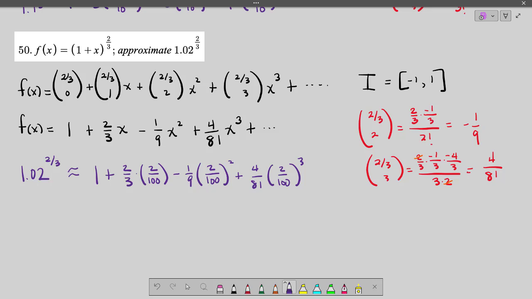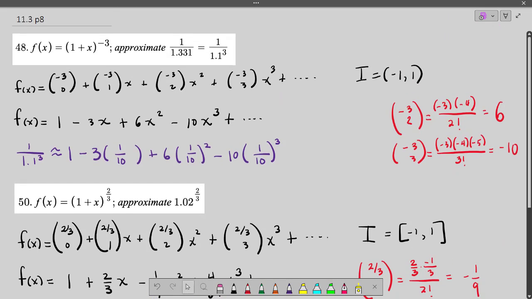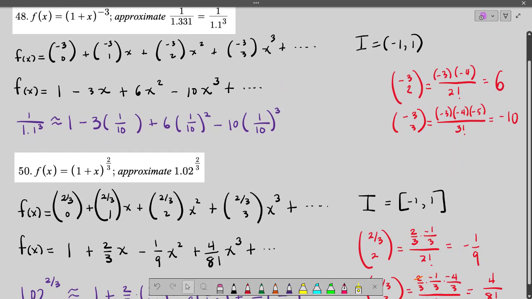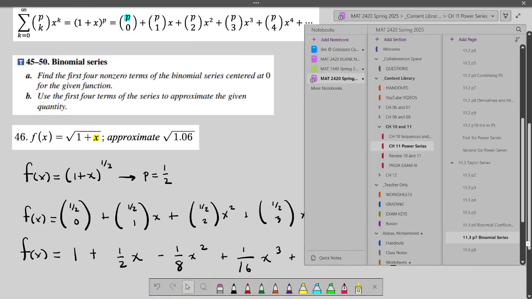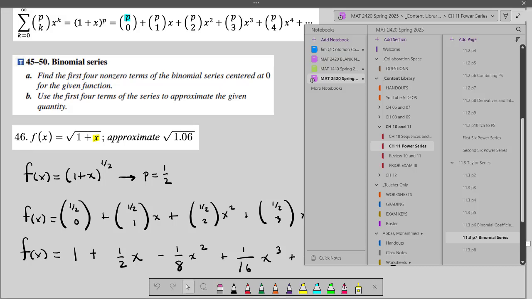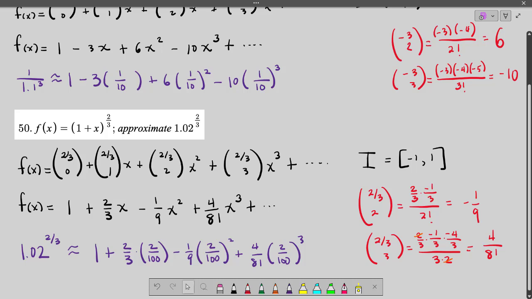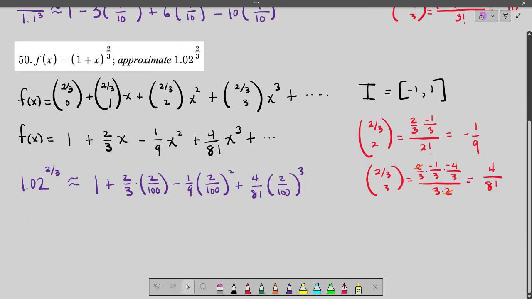Again, I'll type that into the calculator after class and we'll get a decimal approximation there. And I don't remember if these instructions said to approximate. Yeah, it didn't tell us a decimal expansion to approximate to.